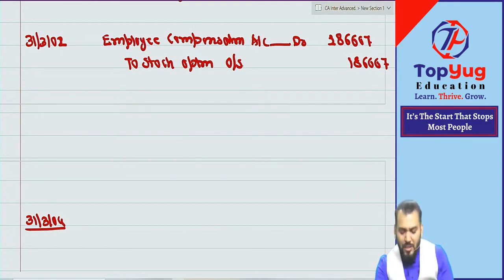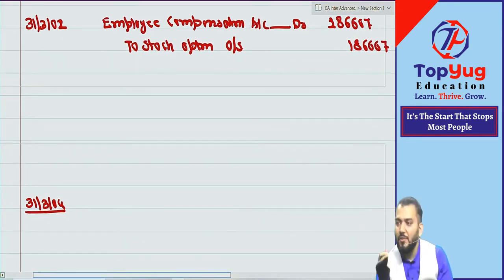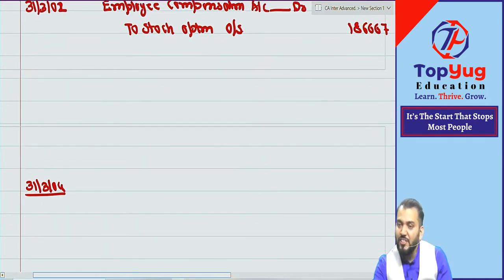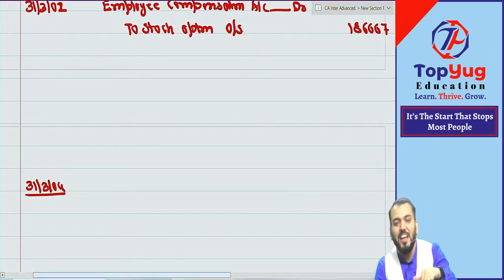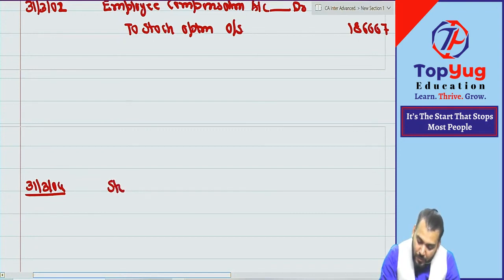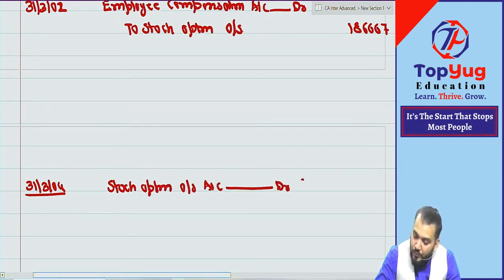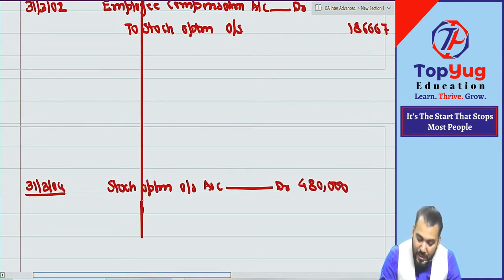So can I say in this question you have done 3 journal entries for 3 years, but the exercise day and vesting day are not given; if nothing is given, we'll assume all the vested options are exercised. So on 31st March 2004, we need to pass the journal entry of exercise, a compound journal entry, but the exercise price is 0, meaning no cash is coming in. What journal entry will we do? Stock option outstanding account debit, 4 lakh 80,000, to equity share capital.